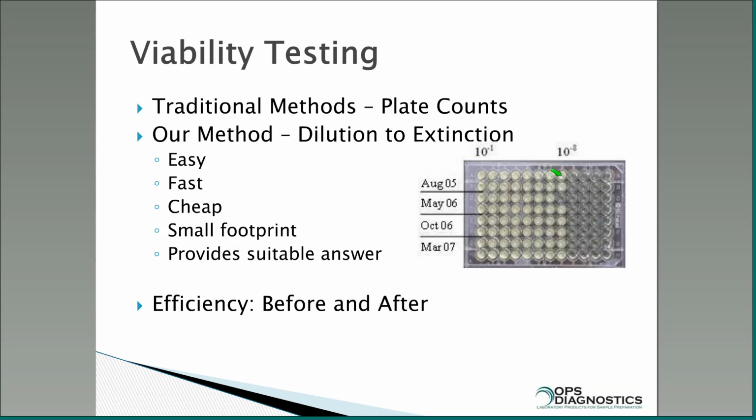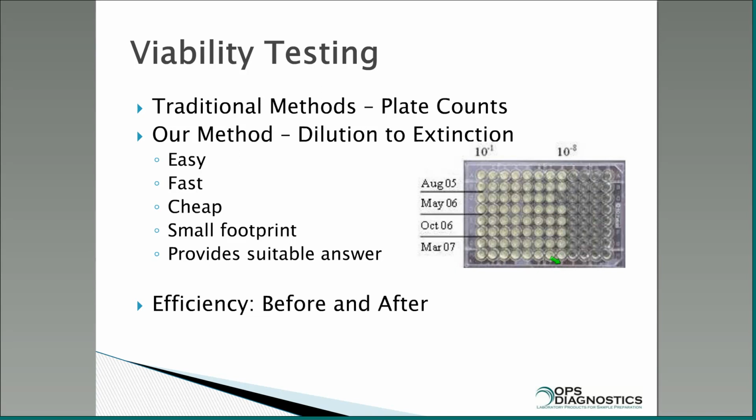So what I say is that I had 10 to the 8 cells to simplify it, and that's how I count them. So when I viability test to get an idea of efficiency, when I prepare my cells, I'll use half the plate and do this so I can see what the cells look like before they get freeze dried. So let's say it comes out to 10 to the 8, and then I freeze dry, I take a vial, I rehydrate it, and I do this, and hopefully the cells will grow to the same extent, in which case I say I have 100% viability.